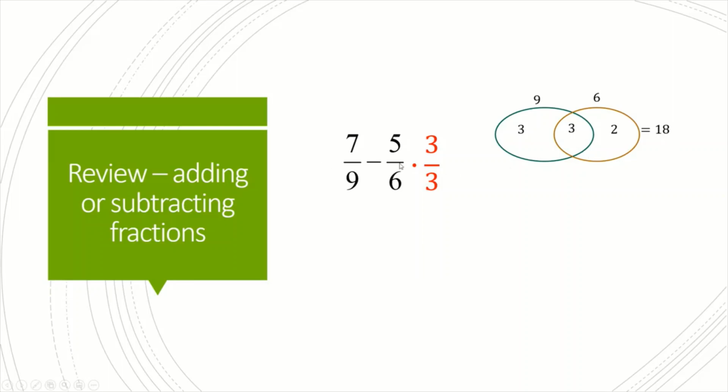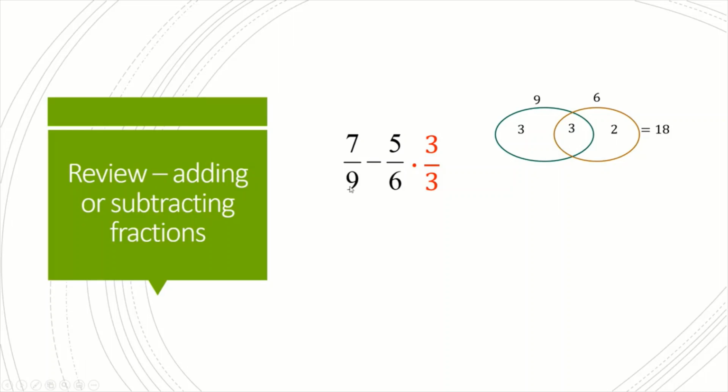Now we're going to find a common denominator. Well, we found the common denominator 18. Now we're going to use equivalent fractions. So in order to get 18 for 6, I need to multiply it by 3. So I multiply the top and the bottom by 3. Then here I want 18.